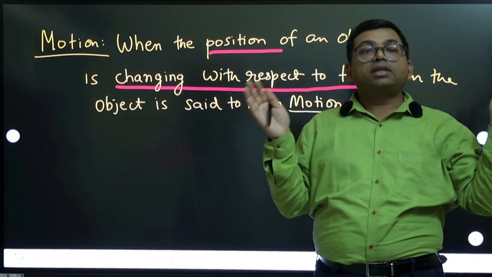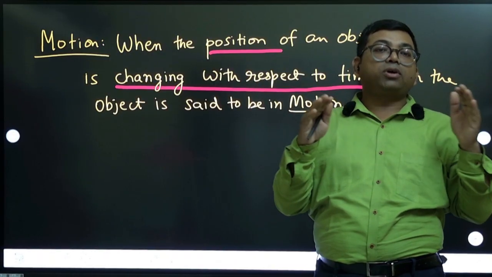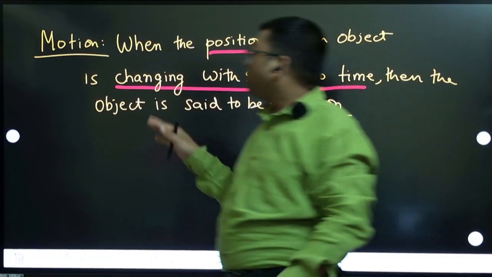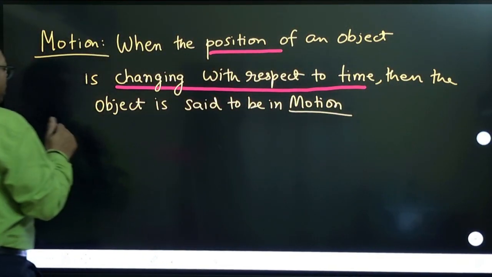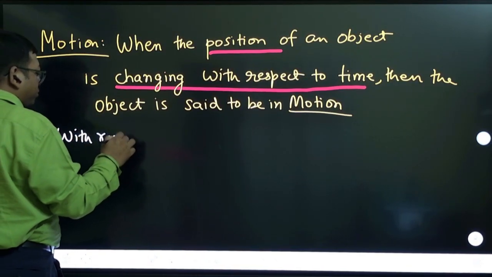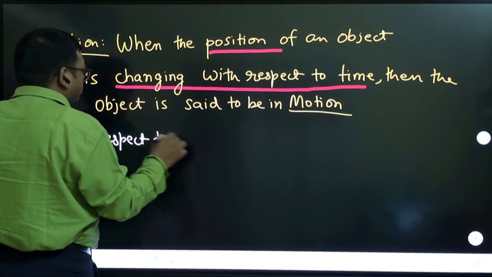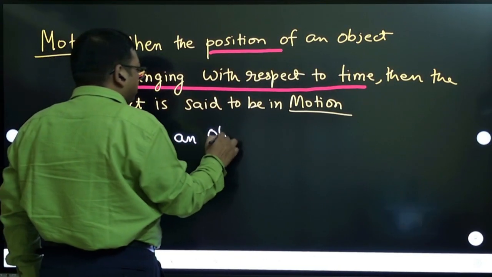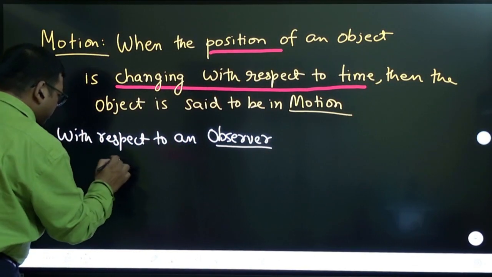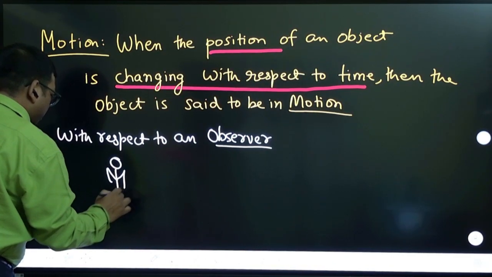He will see outside things moving. So it is very important to understand who is the observer. All this measurement has to be done with respect to an observer.